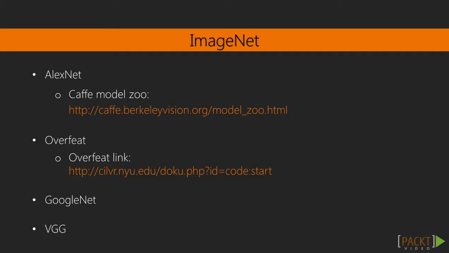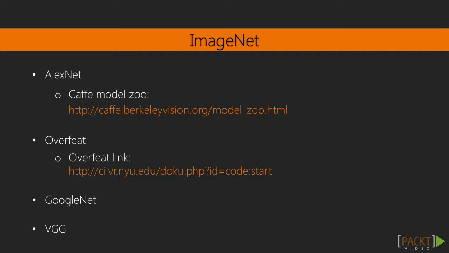Some of those models are the AlexNet model, which was the first deep learning solution to ImageNet, OverFeat, written by the person who won the cats versus dogs competition, and also one of the ImageNet object detection competitions. There are also GoogLeNet and VGG, which are the most modern solutions, well, at least by the time we were recording this video.